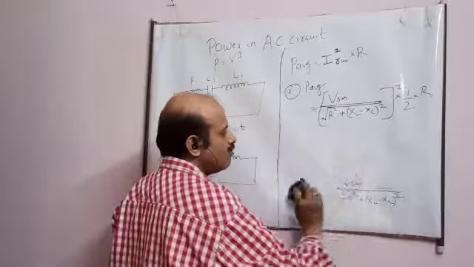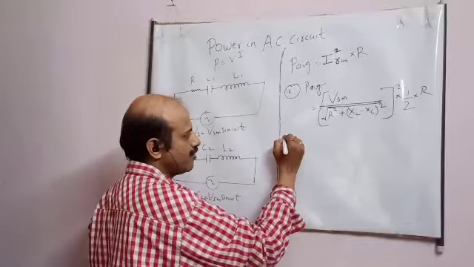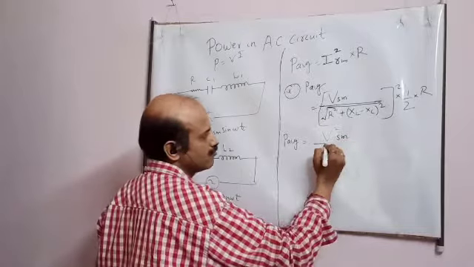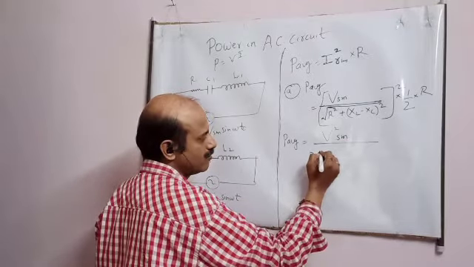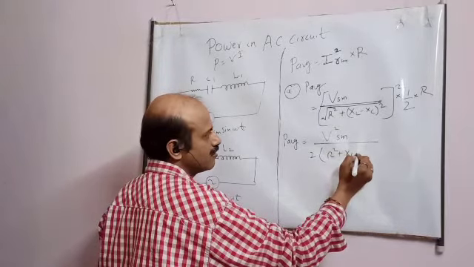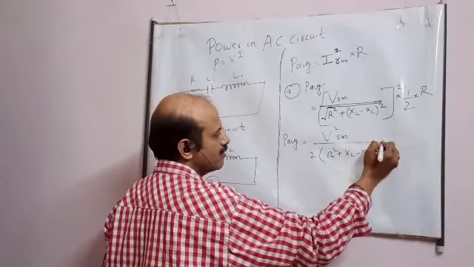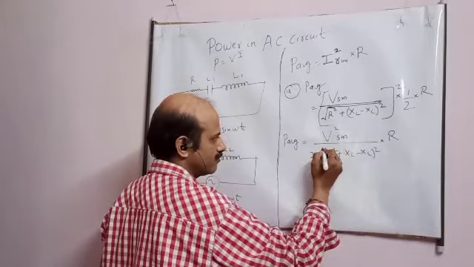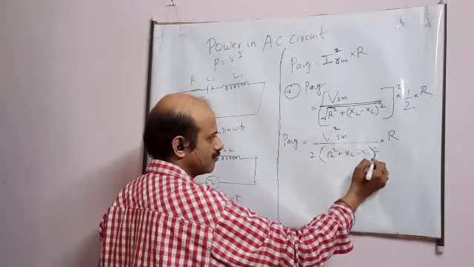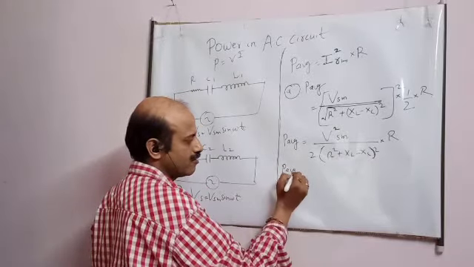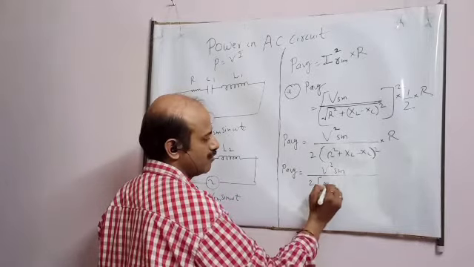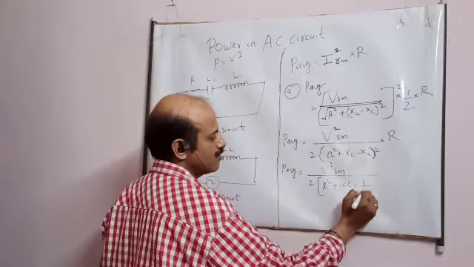So from here the average power will come out to be V square max upon 2 into R upon R square plus XL minus XC whole square. This can be written as V square max upon 2 into R upon R square plus omega L minus 1 upon omega C whole square.